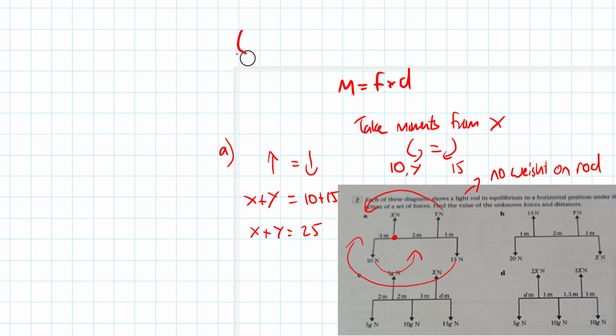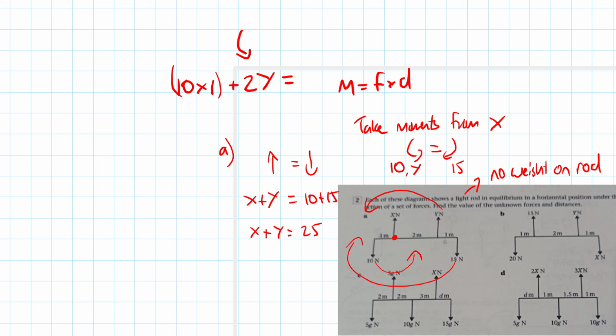If we look at the anti-clockwise ones, first of all we've got 10. 10 newtons is 1 meter away from x, so it's 10 times 1. Then the next one is y, so we add that moment on. This is 2 meters away, so it's 2 times y.